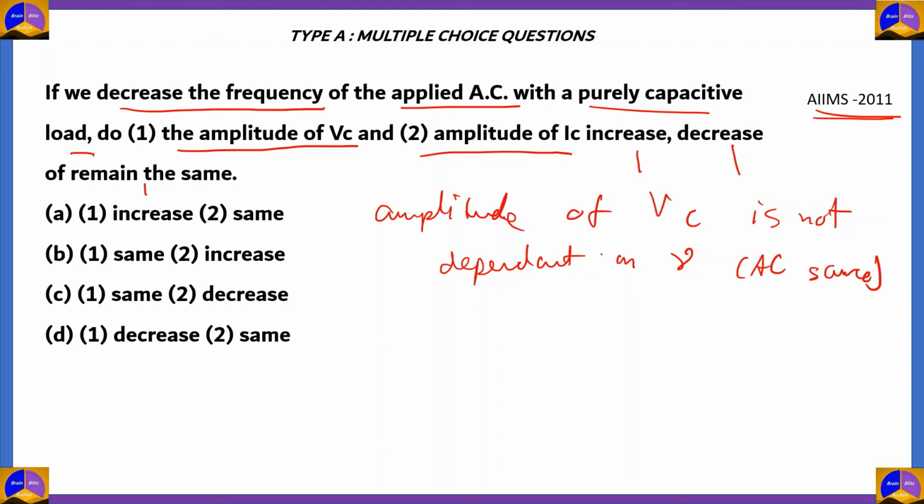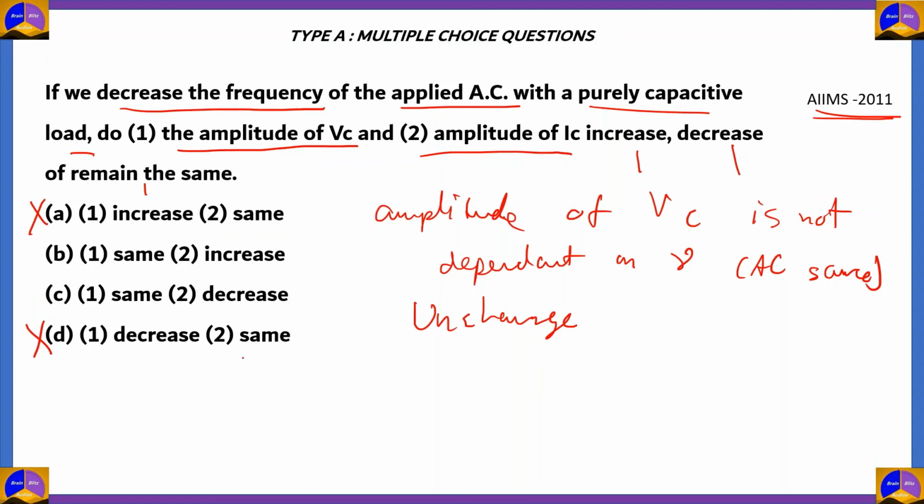So therefore, the amplitude of VC remains unchanged if we decrease or increase the frequency of the applied alternating current. So therefore, 1 always has to be the same. If we analyze our options, we can immediately discard the options A and D because they say that the amplitude of VC either increases or decreases, both of which are incorrect.